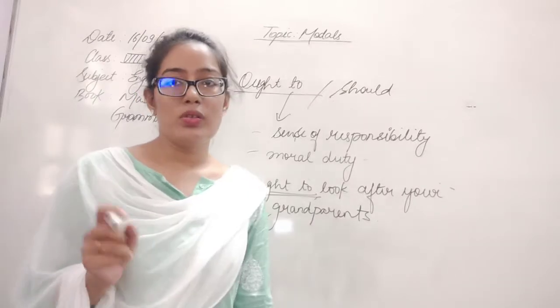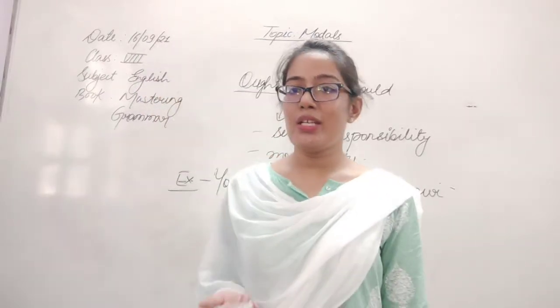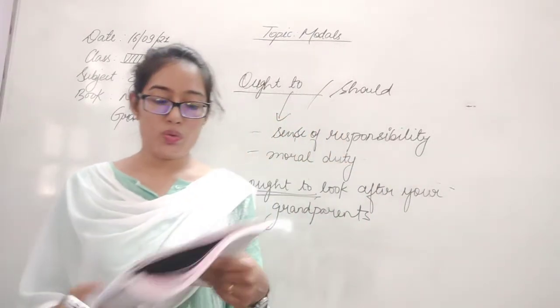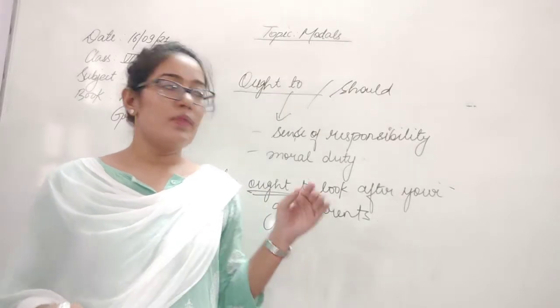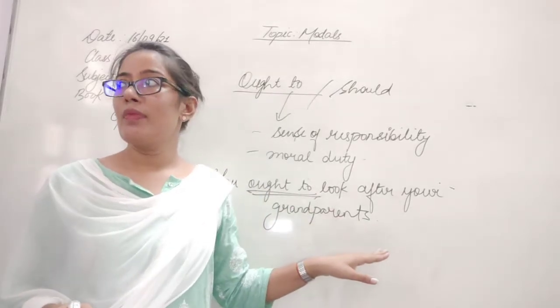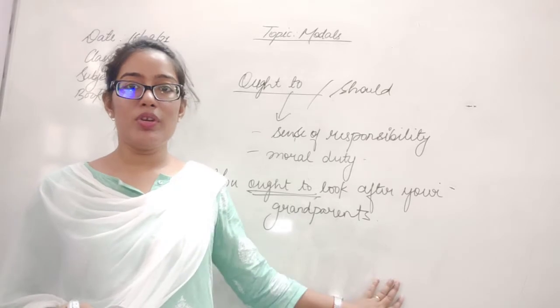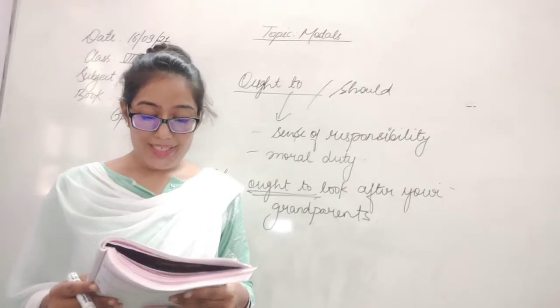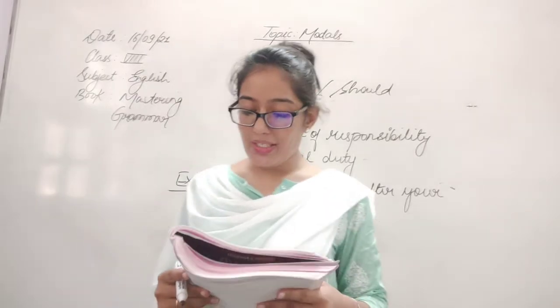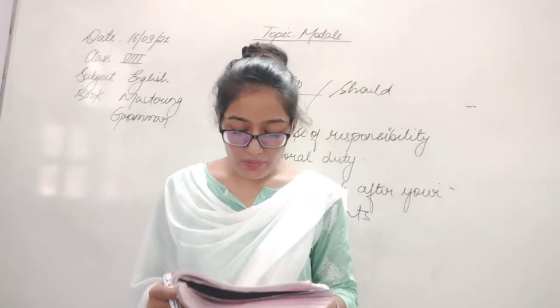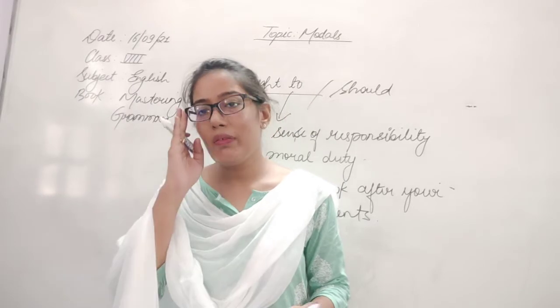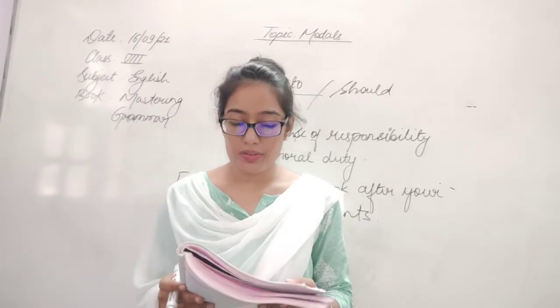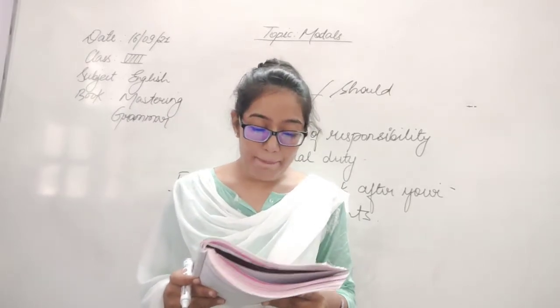Should is also used in many sentences instead of ought to, because it shows the same meaning. It shows the same responsibilities and duty. Should is used to give suggestion, advice, general and mild. Okay, should is used to give some mild suggestions, advice.